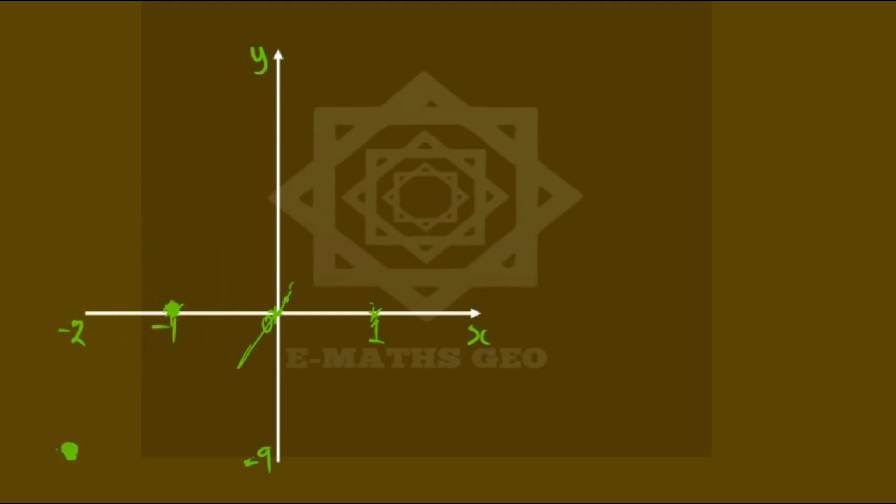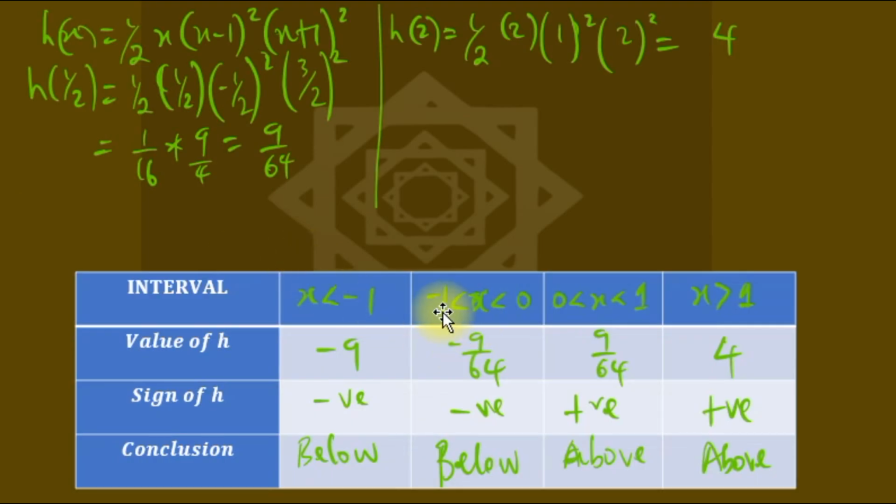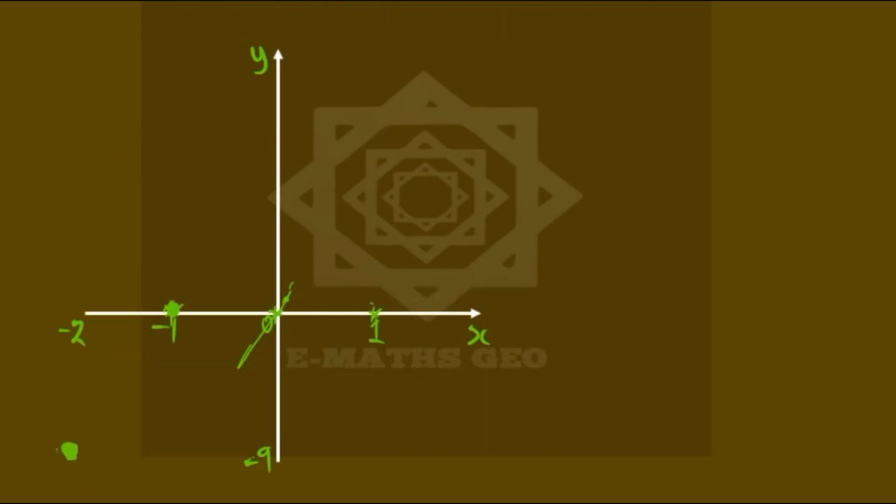Between minus 1 and 0, I have minus 9 over 64, which is minus 0 point something. It will be very small compared to the others, so when x is minus half, it will be minus 0 point something somewhere here. Let me use another ink. Look at the extra points we got.